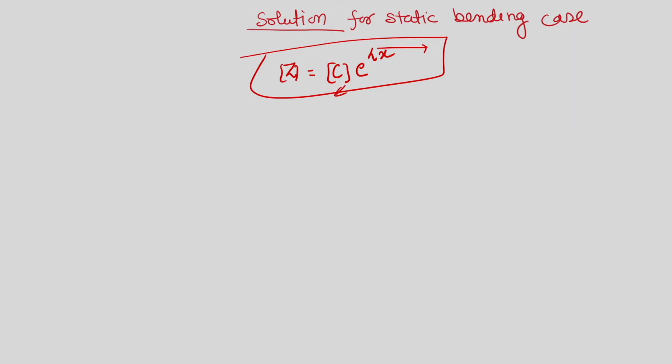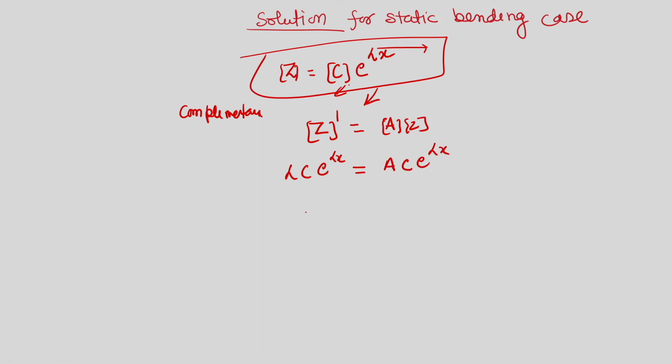So, if you substitute this complementary solution, first the complementary solution for the equation can be written as A times Z. If you substitute it here, it becomes lambda times C e raised to power of lambda x. C is also a matrix, equal to A C e raised to power of lambda x. So, if you put it here, lambda minus A, so ultimately lambda I, identity matrix, C e raised to power of lambda x is equal to 0.